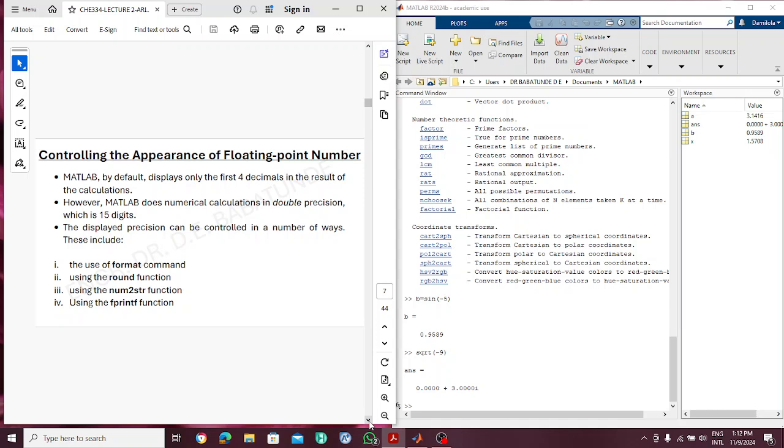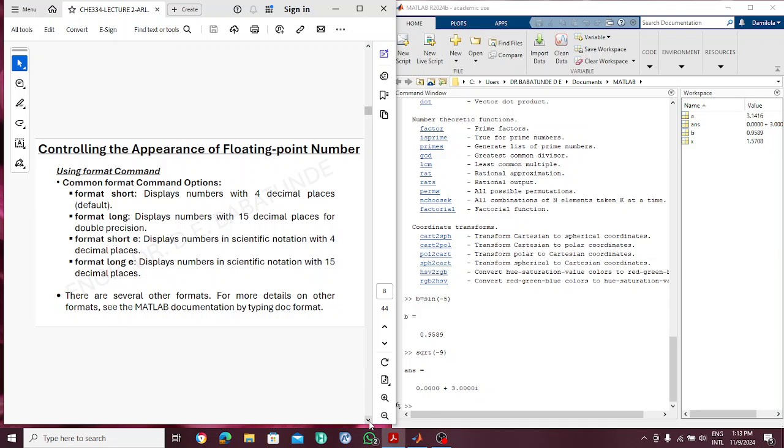On the screen are some of the approaches to control the display and the precision of the results that we get. For example, we can use the format command, the round function, the num2str function, or the fprintf function to determine how the results are presented.